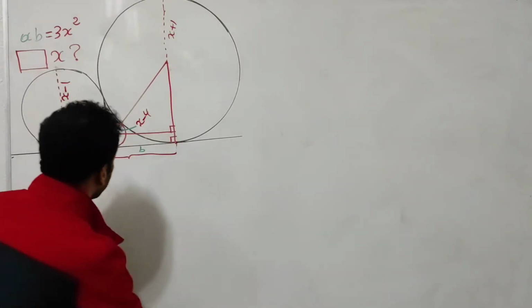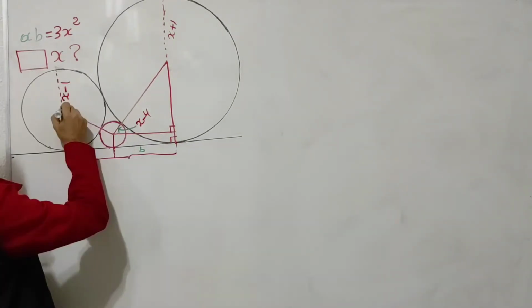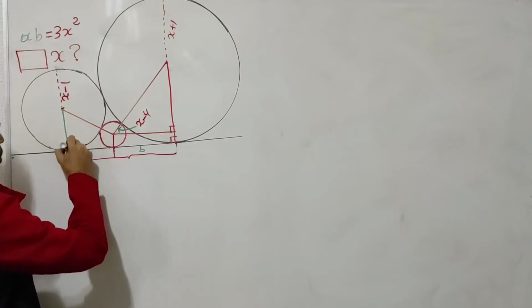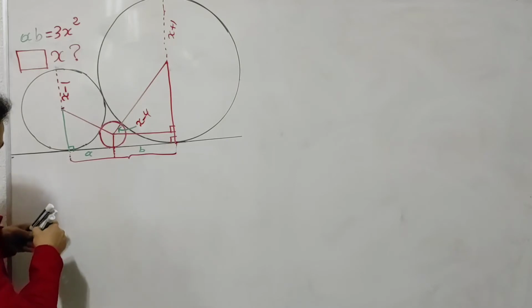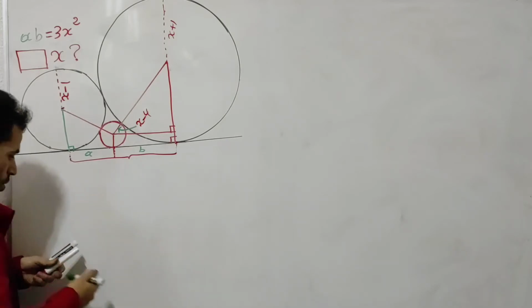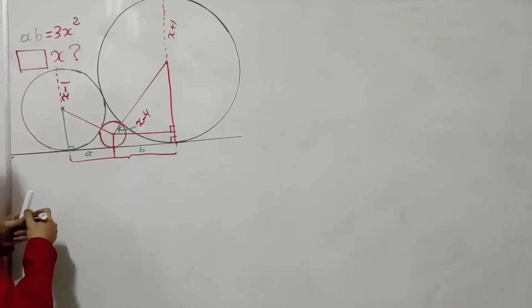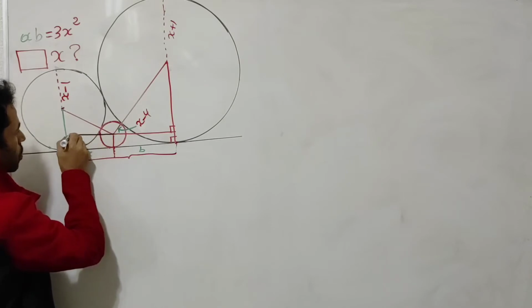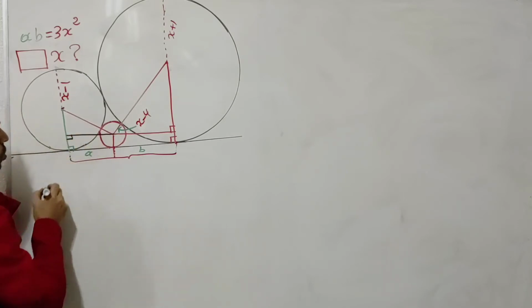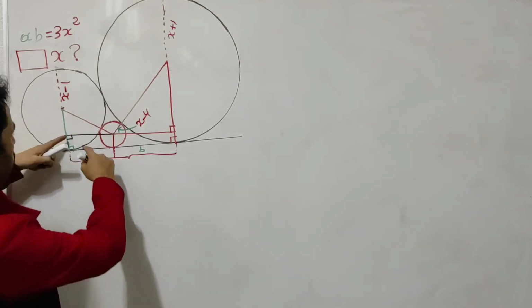Also I'm going to drop this line onto the horizontal line, making 90 degrees as well, making a right triangle. And also I'm going to draw this line going through this point to this point, making 90 degrees as well. And then we have a rectangle.